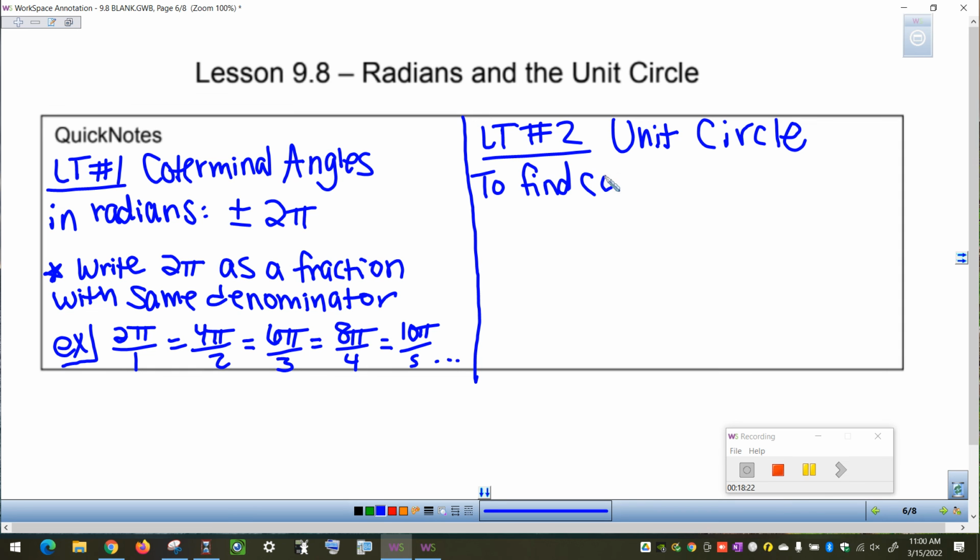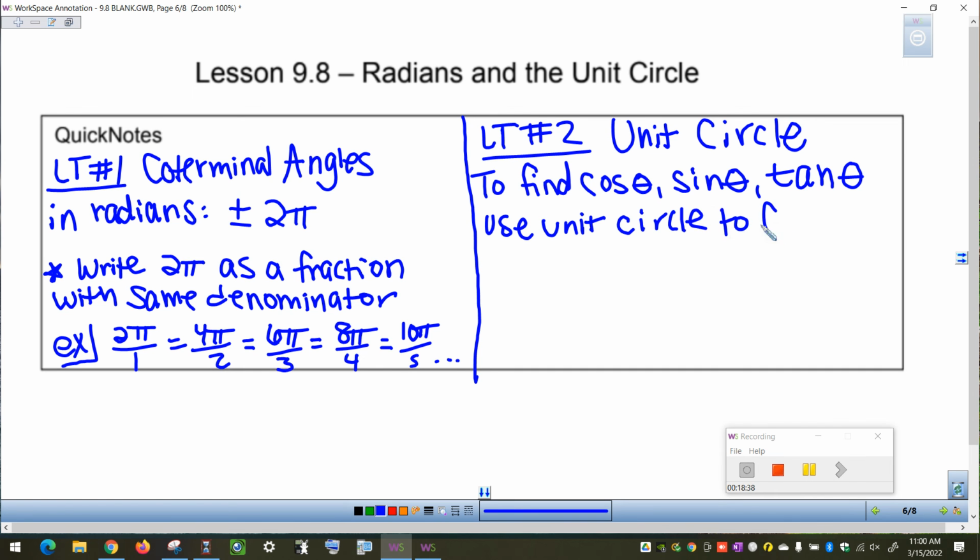So to find cosine of theta, sine of theta, or tan of theta, we're going to use our unit circle to find the x and y values.